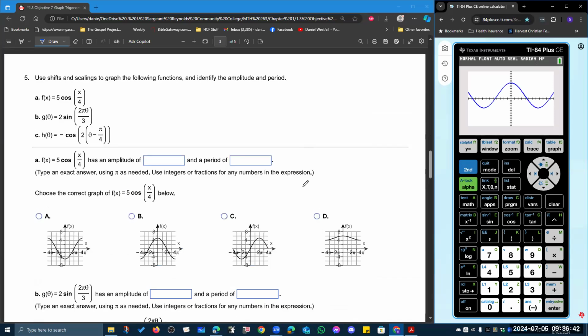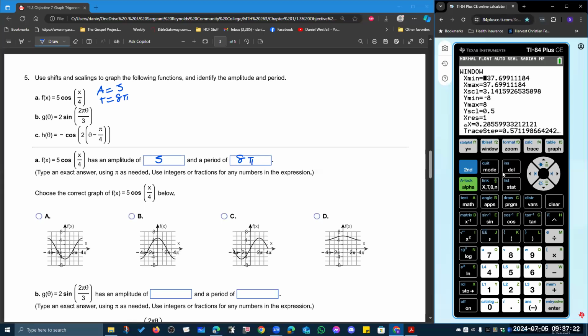Use shift and scalings to graph the following functions and identify amplitude and period. This one has an amplitude of 5, period of 8 pi, and is a cosine graph. Let's choose the correct answer here. 5 cosine x over 4.